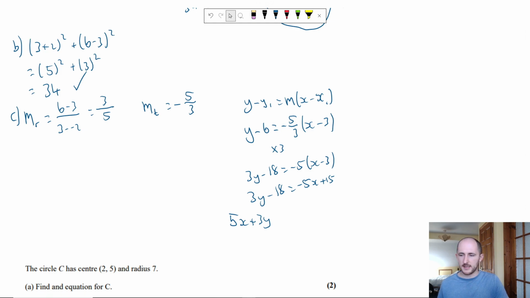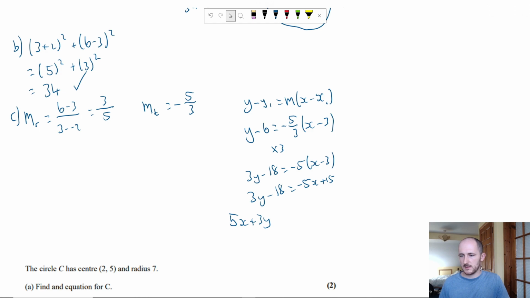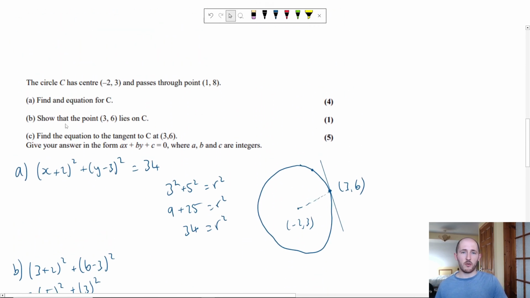Again, if you would like, you can just slap it on a calculator. Ooh, careful of that. Minus 33. Minus 33 equals 0. 5 marks, in my opinion, not that bad once you get used to it.